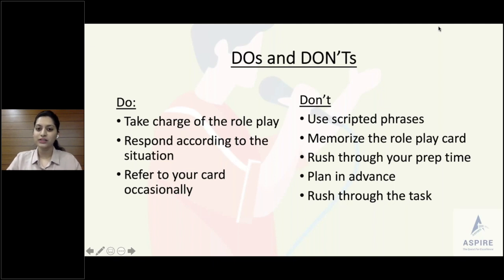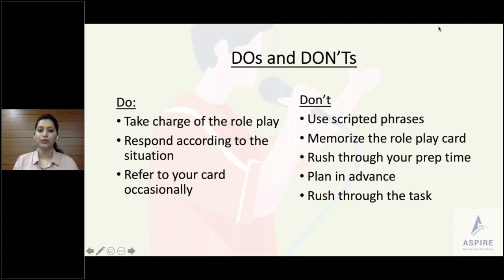Going through these phrases is good, but the more you try to learn them by heart, the more you replicate the same sentence. And they don't want that, because the minute they feel it's scripted, it won't be right. So please do not memorize what's on the role play card, because naturally it's in your hand. You can look at it anytime you want, so there is no need to memorize it.